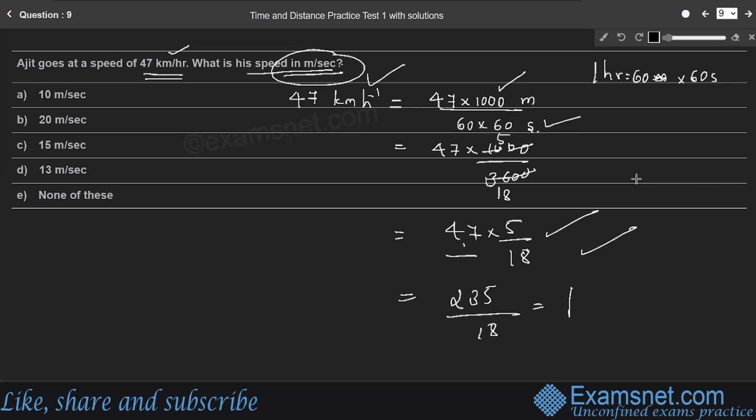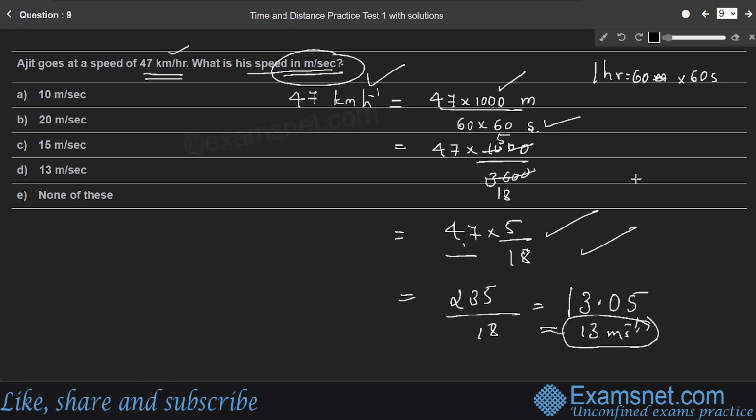So 18 into 1, 18 into 3 is 54, then 13.0, then 18 into 5. Yes, 13.05 is the answer, which is approximately equal to 13 meter per second, right?